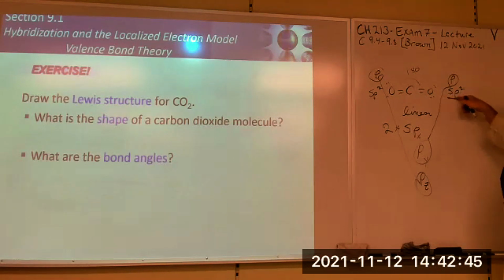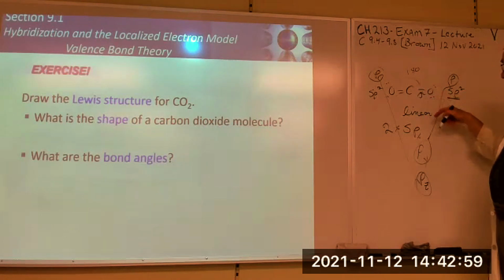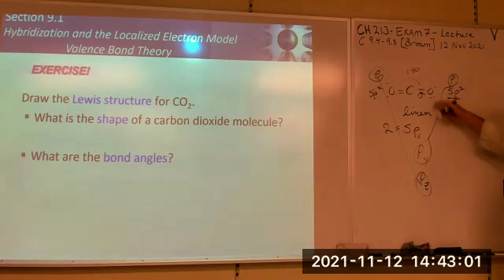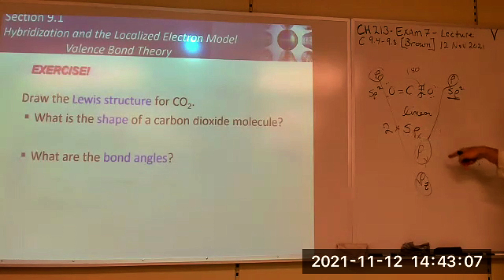There are three sp2 hybridized orbitals. Two of them are occupied by lone pairs, and one of them is used in a sigma bond. So you've got a sigma here, and then the pi is formed from these p overlaps with one of these two sp orbitals.